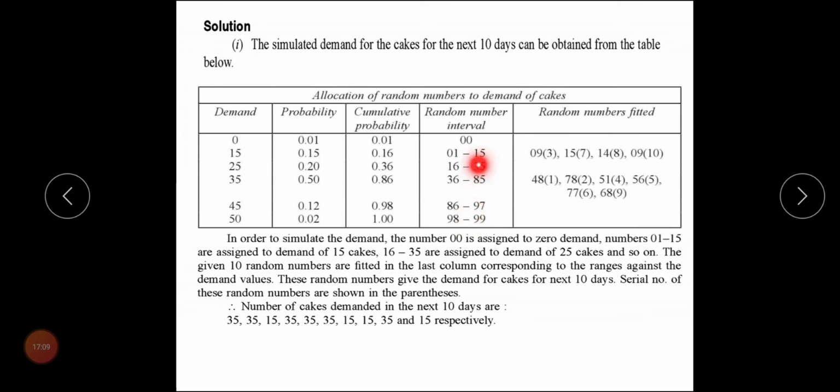In this way you can fix this random number interval, and you have fitted the given random numbers.